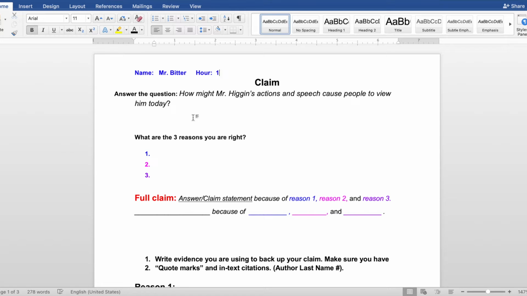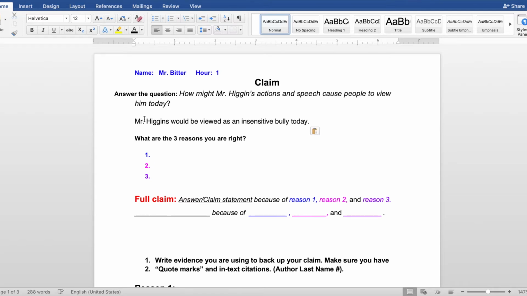Now, if we think about that deeply, we might come up with a conclusion that, well, maybe he really is just kind of an insensitive bully. He doesn't really care about other people and refers to people as objects, and he's just a big bully to Eliza. So I'm going to write down my answer to the question here, and I'm just going to write it in as Mr. Higgins would be viewed as an insensitive bully today. That is my basic answer right there.